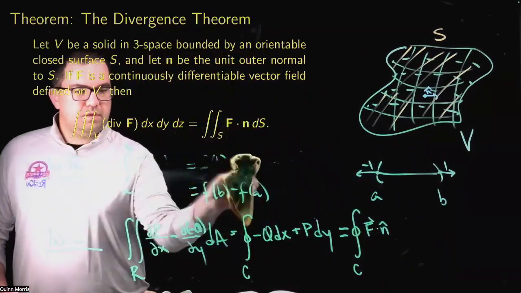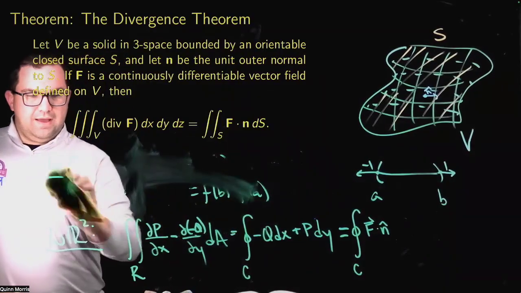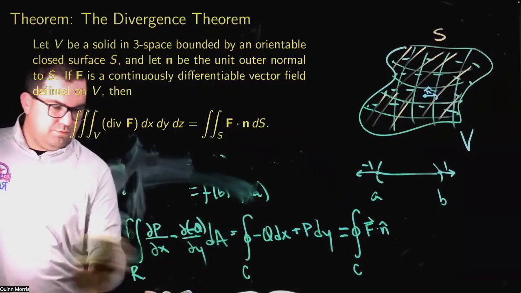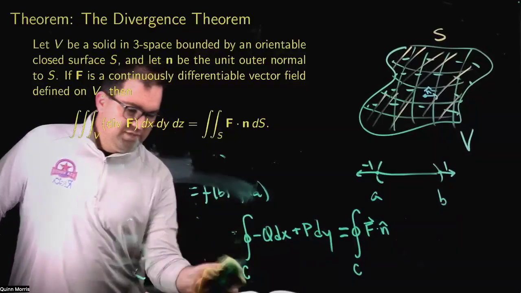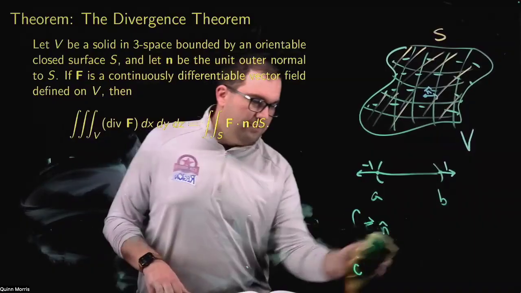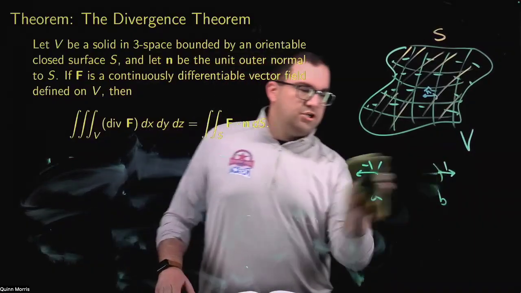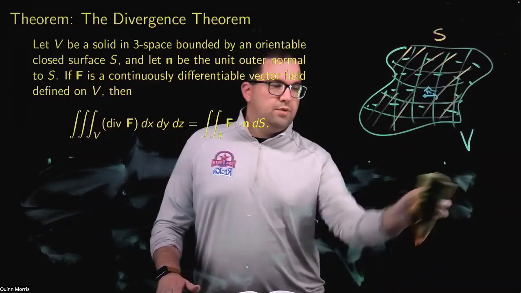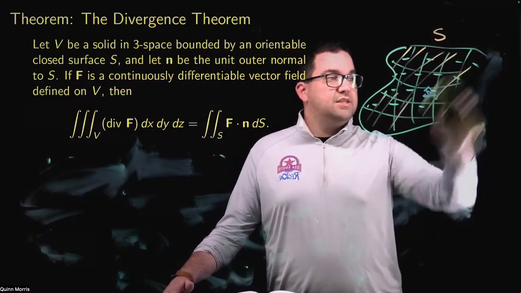All right. So that's great, but how are we going to prove this? What do I do if I want to formally prove this? Well, it turns out the proof is quite similar to the proof of Green's theorem.